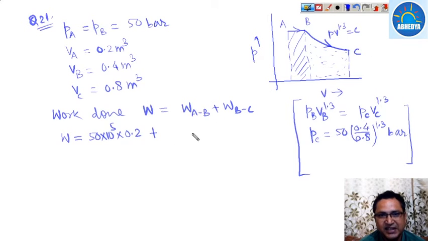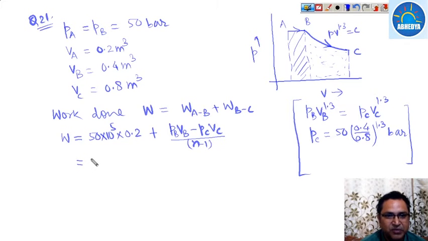BC is a polytropic process, and the work done in a polytropic process is Pi Vi minus Pf Vf upon n minus 1. So this is Pb Vb minus Pc Vc divided by n minus 1. Once you calculate it, it should be 1 megajoule.